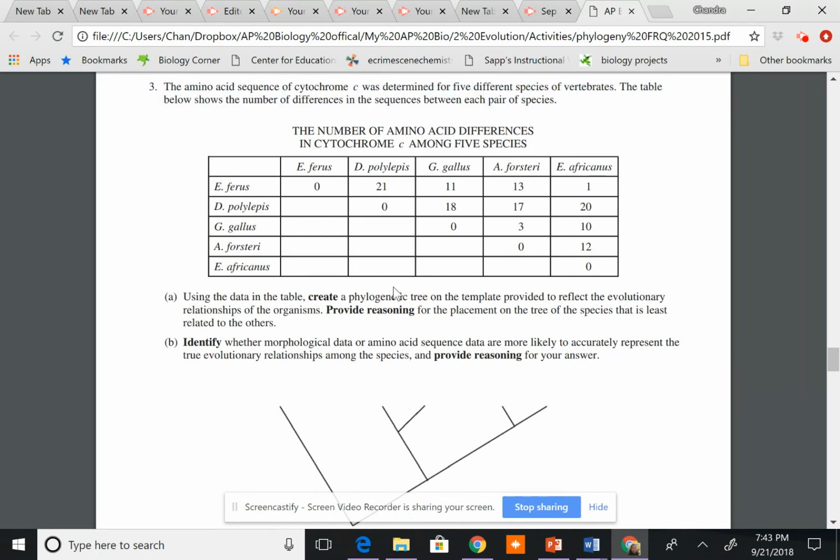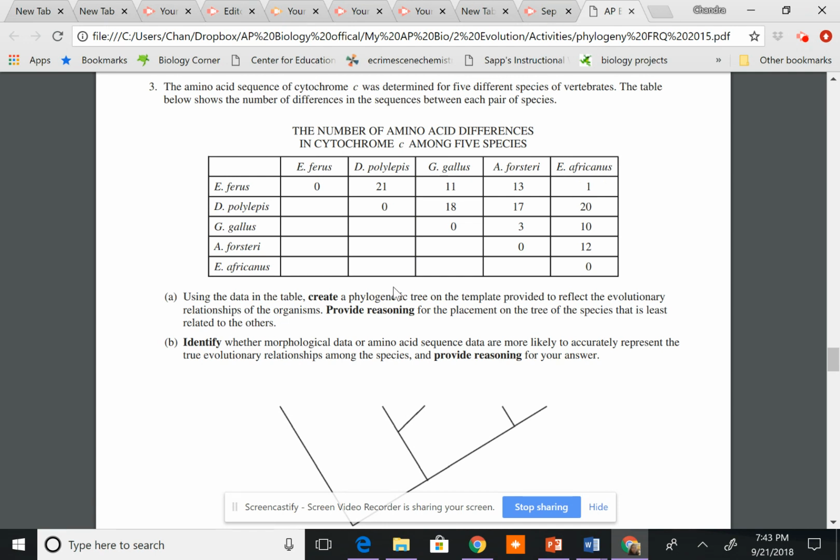So let's look at this question. This question is from 2015, so it's a great example of what a more recent phylogeny question could look like. In this question, they've given you this table to read from. It tells you the amino acid sequence for cytochrome C was determined for 5 different species of vertebrates. The table below shows the number of differences in the sequences between each pair of species.